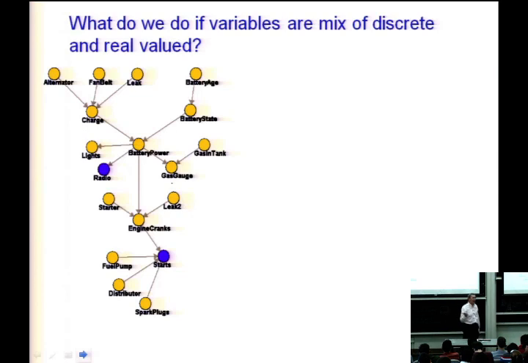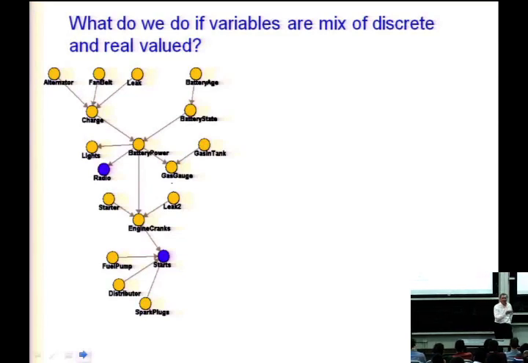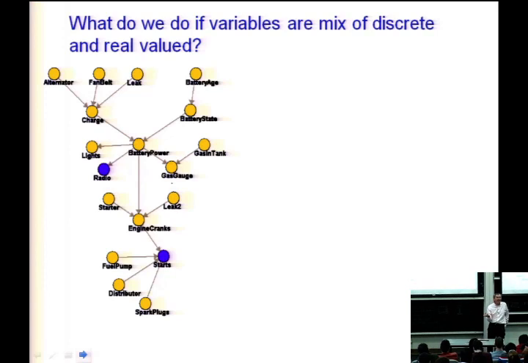Boolean valued variable. Now, what if it's a real valued variable, like the battery life? Well, just like we chose a Bernoulli distribution for the Boolean variable, if it's real valued, we need to choose some other way of representing the conditional distribution of battery power, how it depends on its immediate parents. It only has 2, battery state and charge.